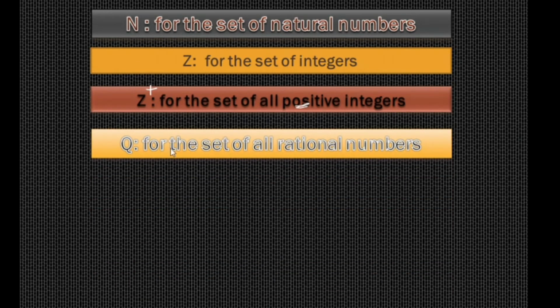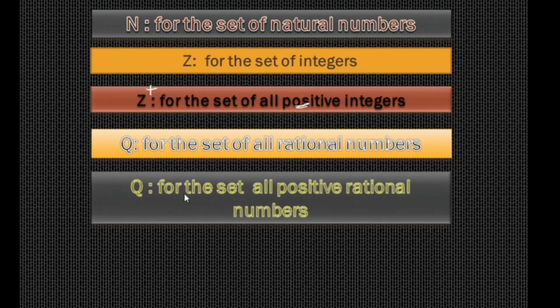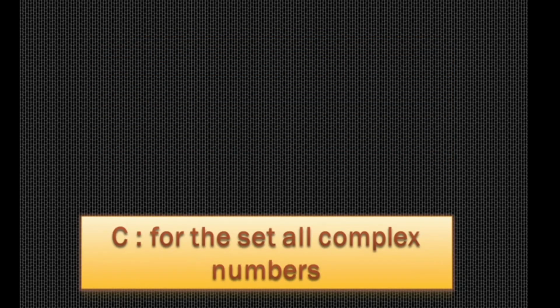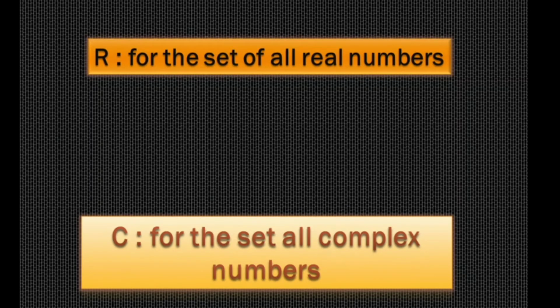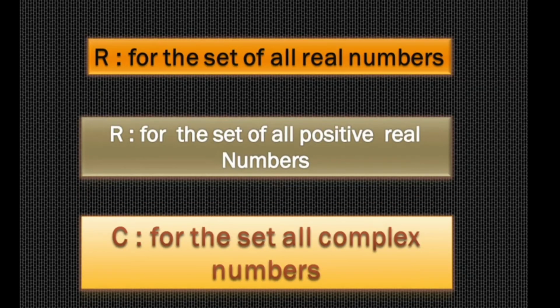Then we have Q for rational numbers, Q plus for positive rational numbers. Then R for real numbers, R plus for positive real numbers. C is for all complex numbers. What is a complex number? If at all you don't know, we will be learning it as a separate chapter. As of now, C is given for complex numbers.